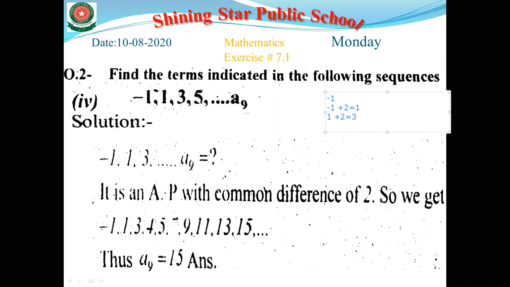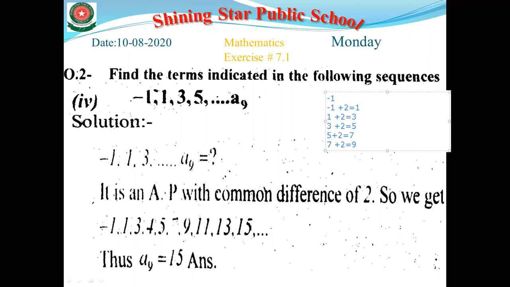For the fourth term, we add 2 to the third term, so that is equal to 5. For the next term, we add 2 to the previous term, so we get 7. For the next term, we add 2 to the previous term, so we get 9.